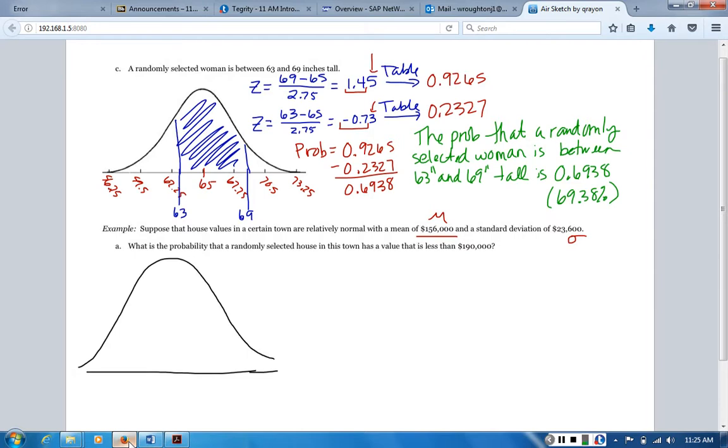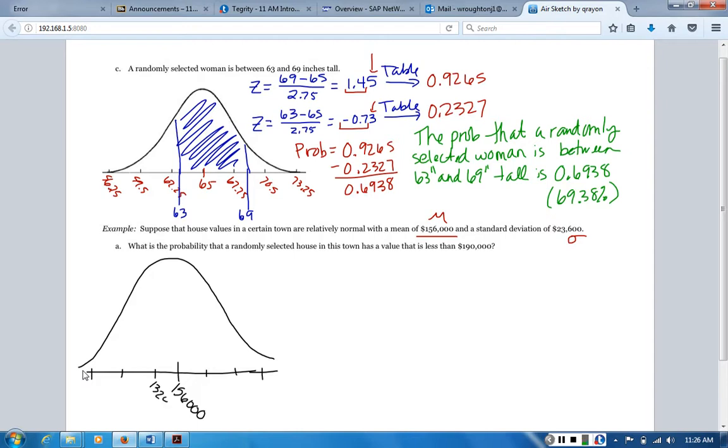Alright, so just as before, I'm going to start by putting the mean on here, as well as going out my 3 standard deviations. So my mean was 156,000. And as I go to the left here, I'm going to subtract 23,600, subtract 23,600, and keep doing that as I go.